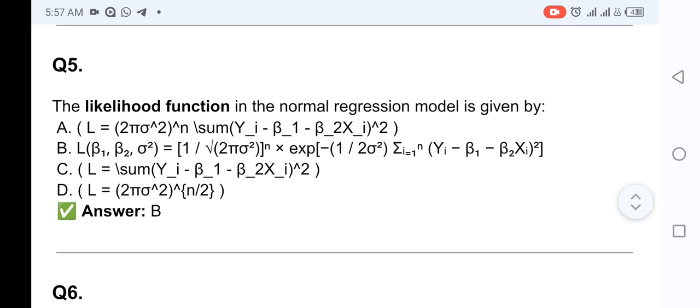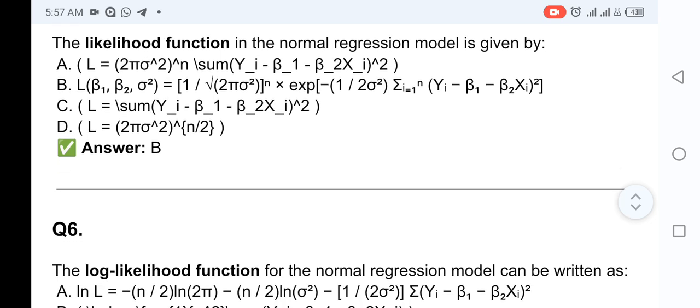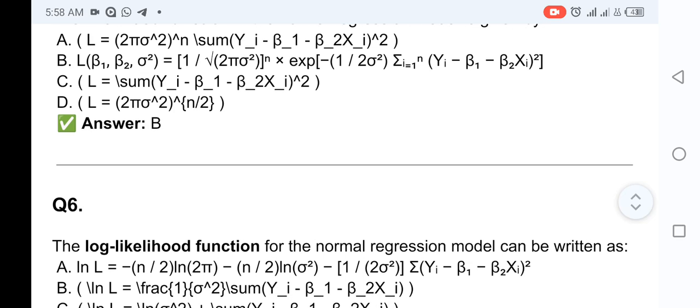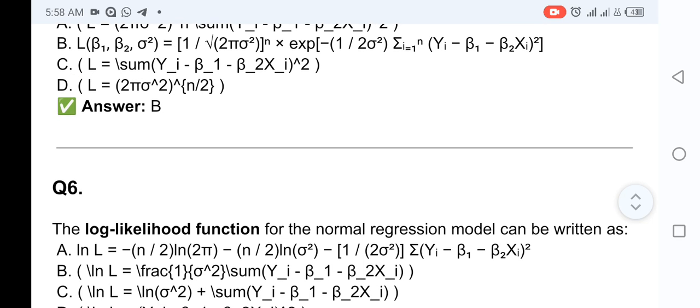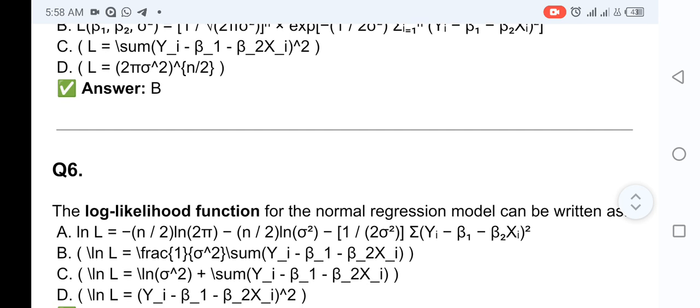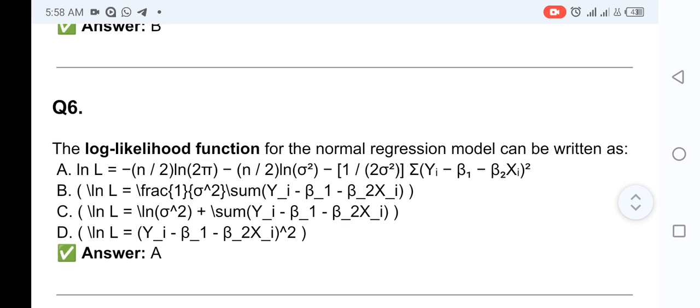C. L = Σ(y_i − β_1 − β_2 x_i)². D. L = (2πσ²)^(n/2). Answer, B.